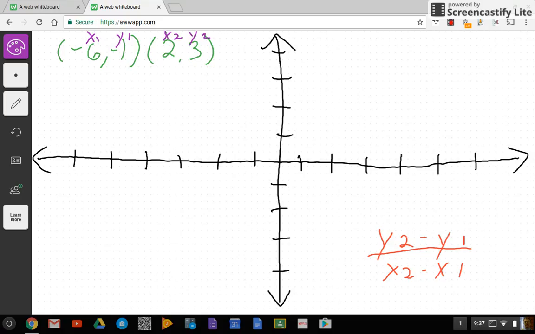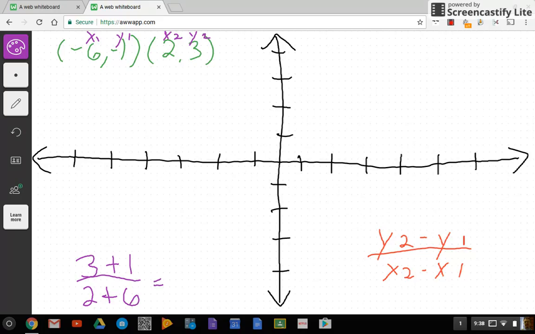So now if I plug those in, and I'll do it on this left-hand quadrant over here, y2 would be 3 minus y1, that's minus a negative, so that's going to be plus 1, is equal to x2, which is 2, minus a negative 6, which would be plus 6.